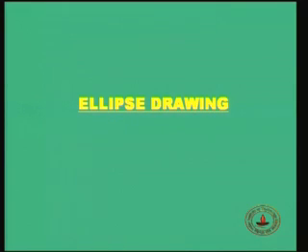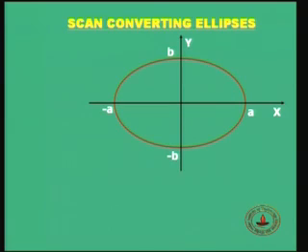So the ellipse drawing method, scan conversion of an ellipse, is what we have to see, and this is the example of an ellipse in a two-dimensional coordinate system x and y, centered at the origin, that is what we assumed, and we don't bother if it is not at the origin or if it is not aligned with the x and y coordinates.